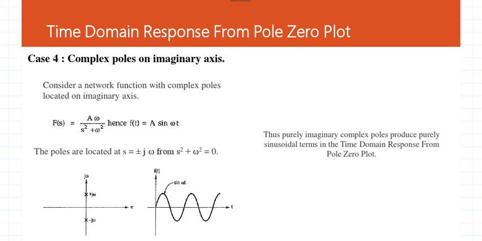We do a slight arrangement with the terms. We adjust it as s square minus j omega square, and then we equate it to 0. So j square becomes minus 1, resulting in s square plus omega square as seen here. So we have done a small rearrangement so that we can get the factors from it.